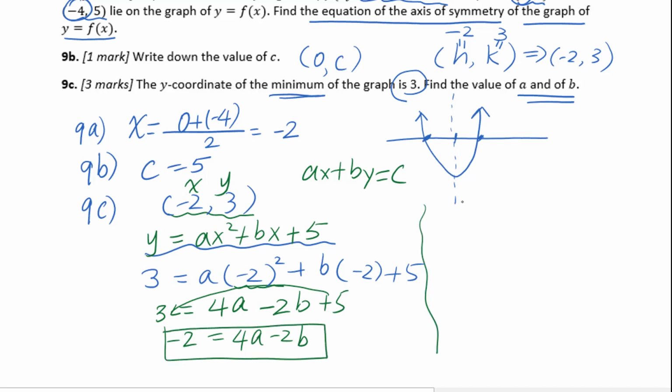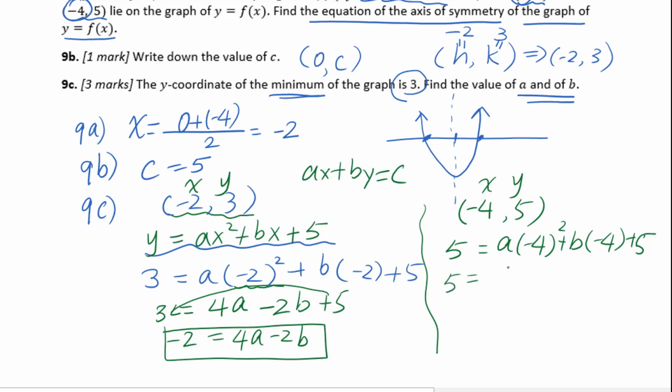The second equation, we will use this (-4, 5) as a coordinate. This is x, y. So you get 5 equals a times -4 squared plus b times -4 plus c, that is 5.